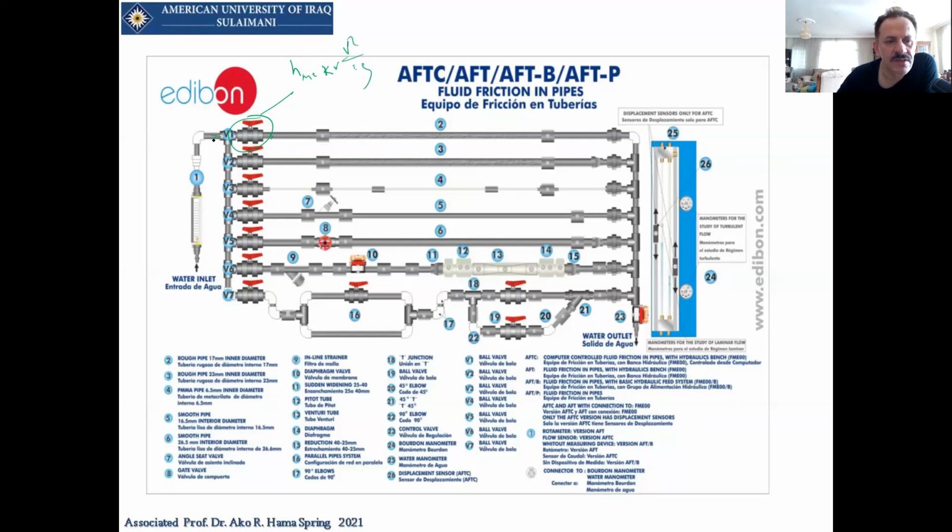We know the velocity in this valve. So the K that we have is the fitting coefficient of this valve, and it depends on the length of the pipe and the diameter. It will be equal to 10 if this L over D is 350.